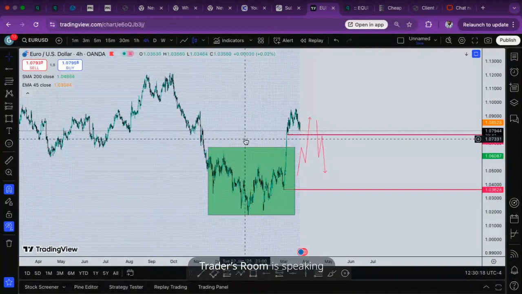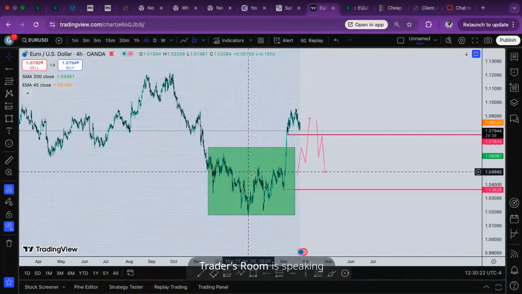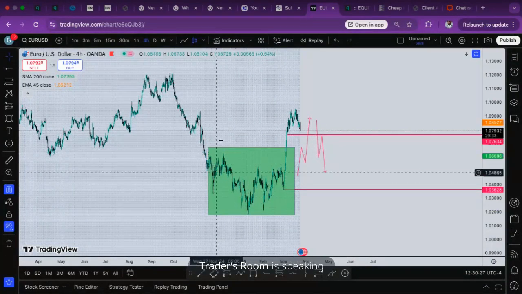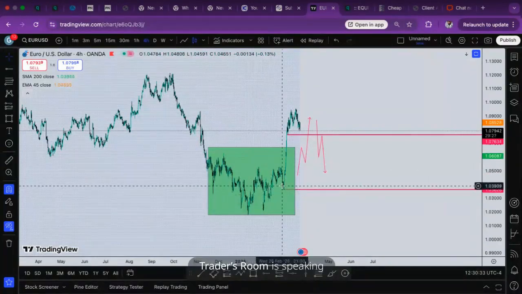So, being that this is a ranging market, you can clearly see that the market has what? A breakout out of this structure here. If you go down to a lower time frame, you could possibly see when the breakout of structure started coming.